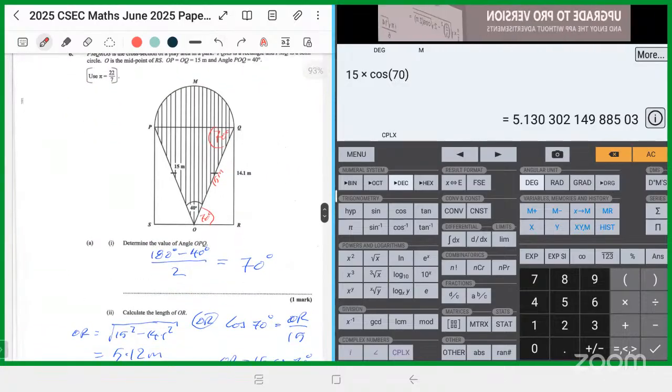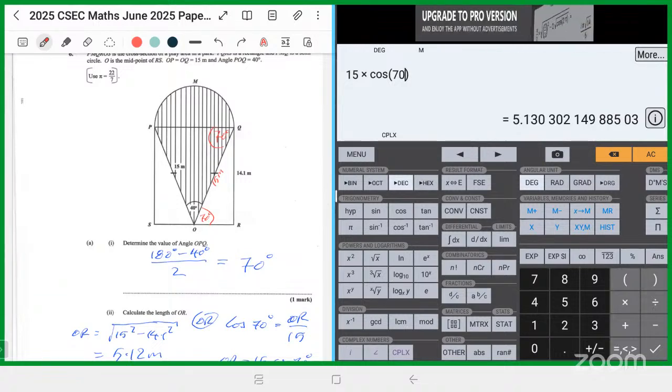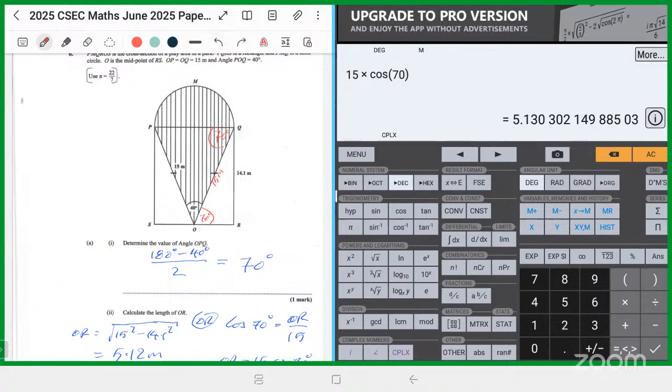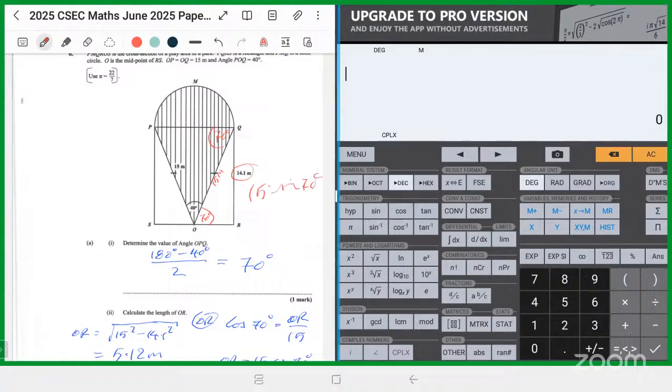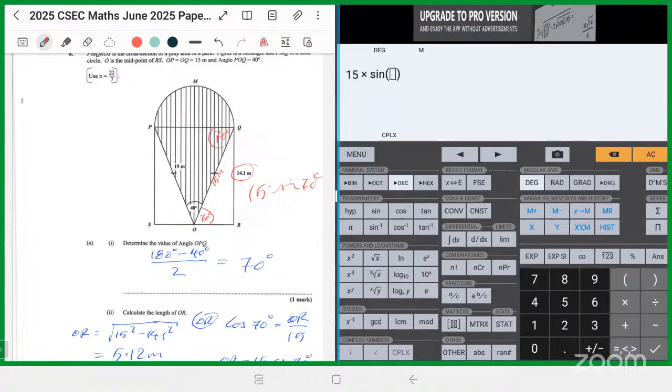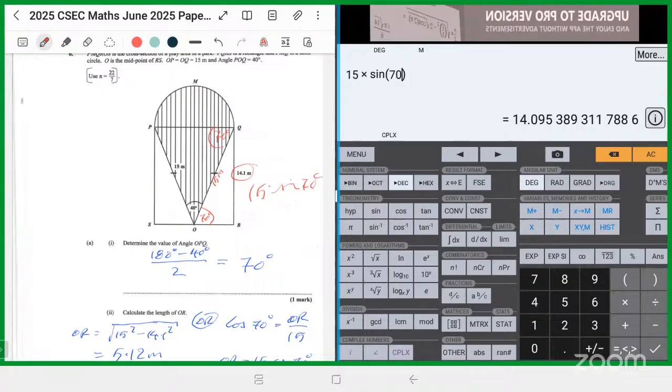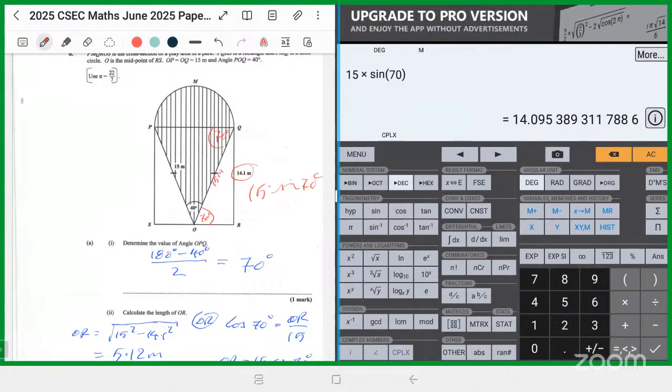All right. Let's use sine and the calculator. If we didn't know this side, we would use sine. This side would have been 15 sine 70 degrees. 15 times sine of 70. So it's actually 14.095 something.